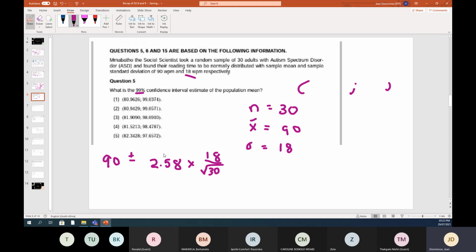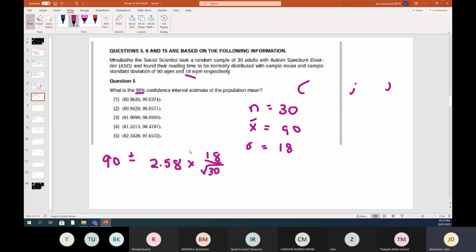First I look at the answers, some of them very close. 90 is in the middle. The lower one must be below 90, but nothing can be eliminated. The top one needs to be above 90, nothing can be eliminated. So we need to calculate this.